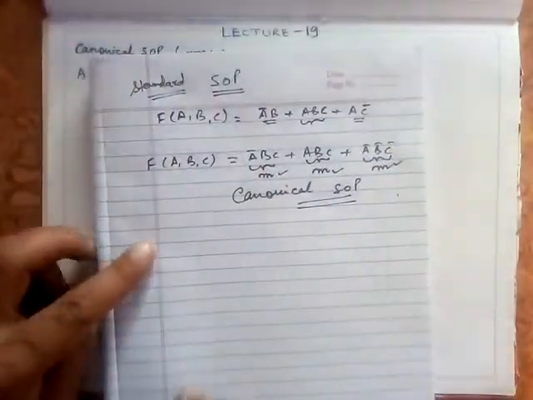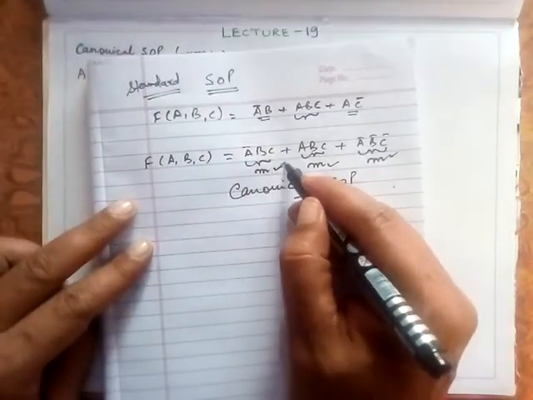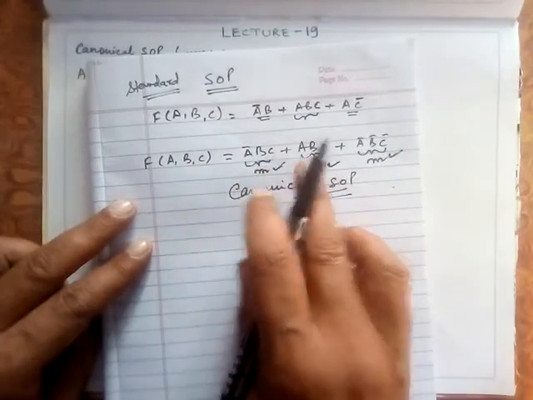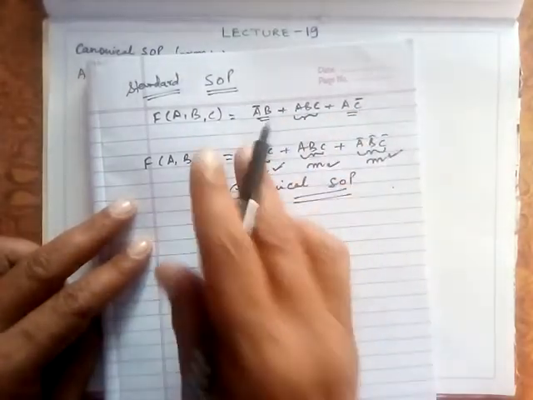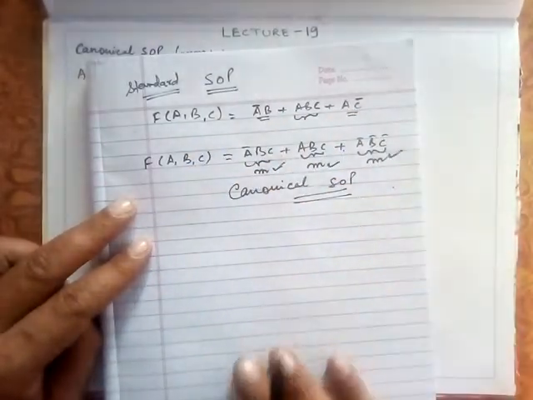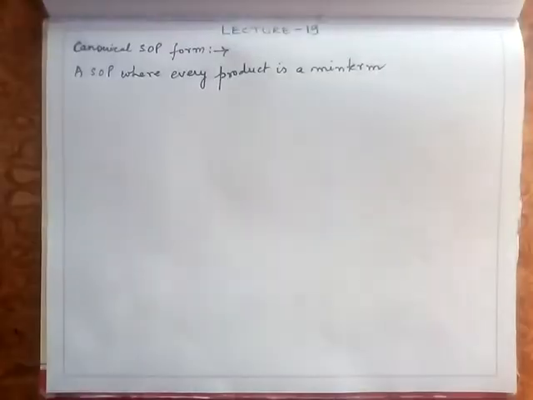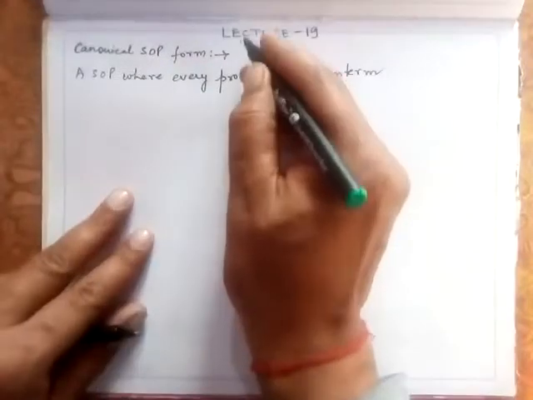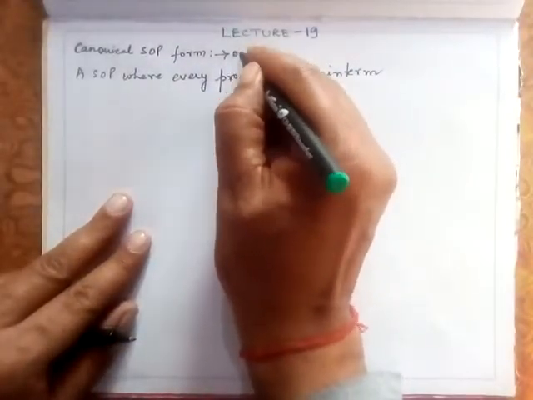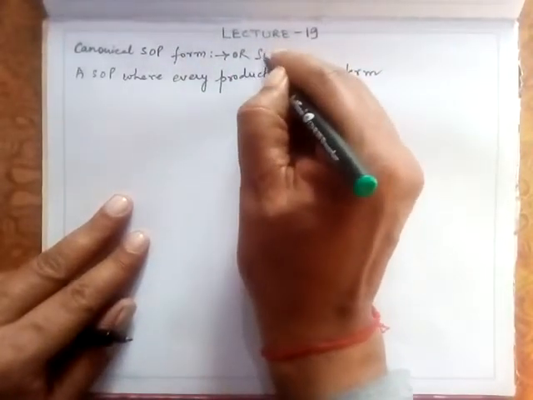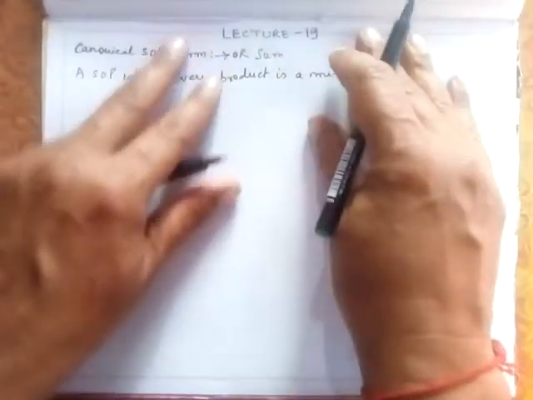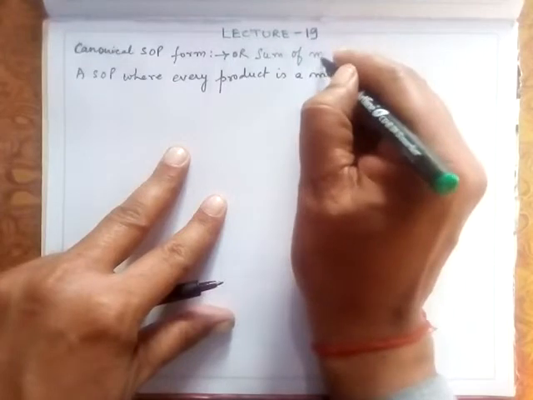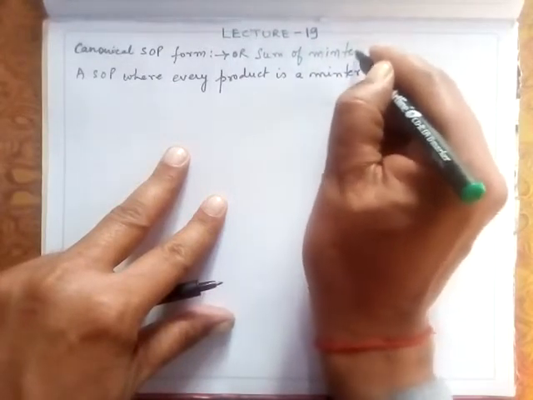Now at the same time, this is a minterm, this is a minterm, and this is a minterm. In other words, it is a sum of these minterms only, an addition of these minterms. So this canonical SOP form is also known as the sum of minterms.